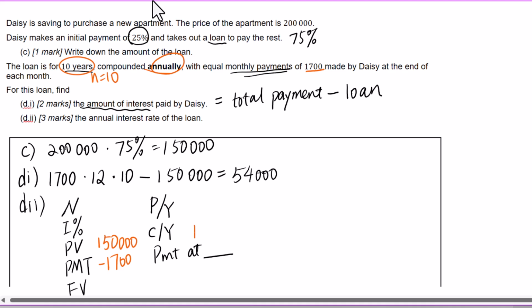So CY equals 1. Monthly payment means PY is 12. Future value is 0. PMT at end of each month. N equals the total number of payments, 12 times 10 equals 120.